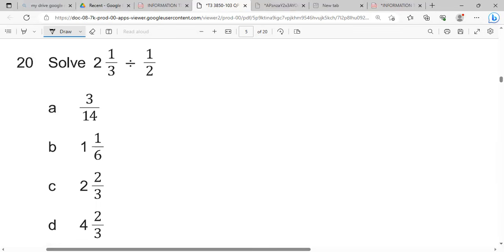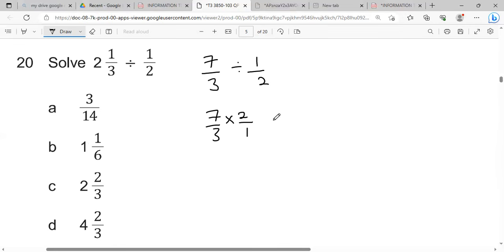It says solve 2 and 1/3 divided by a half. So let's go, 2 times 3 is 6 and 1, 7 over 3 divided by a half. And then we put 7 over 3 times, as the rule states, once you're dividing, we change the division to multiplication and we also reciprocate.